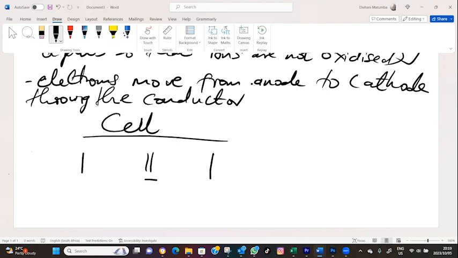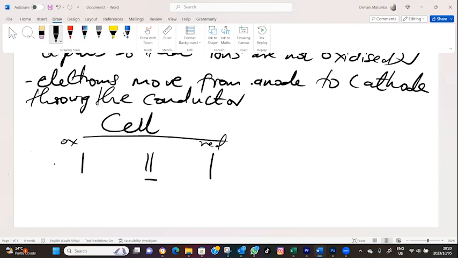Okay, so what we know is that when we write the cell notation, we start by oxidation, and then reduction.